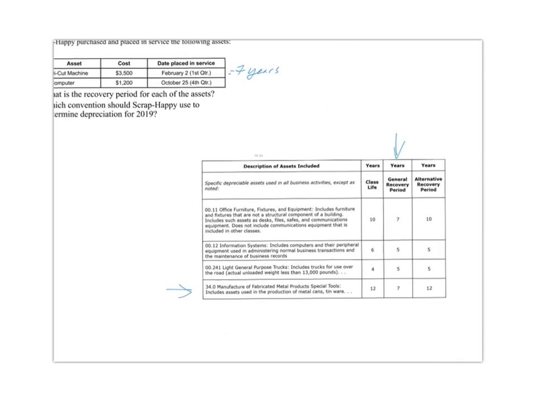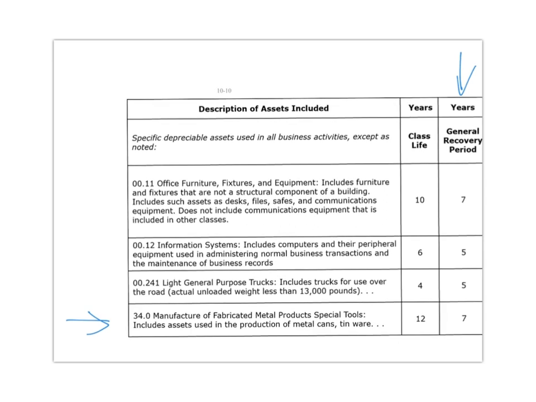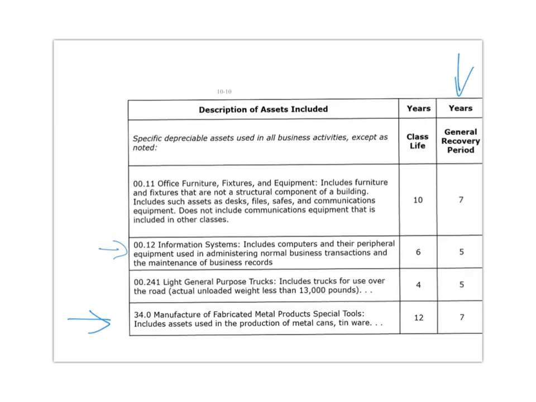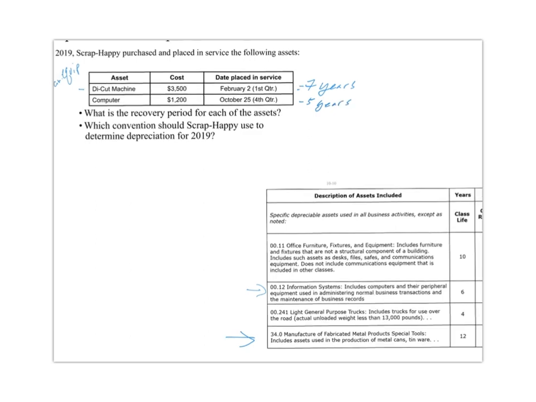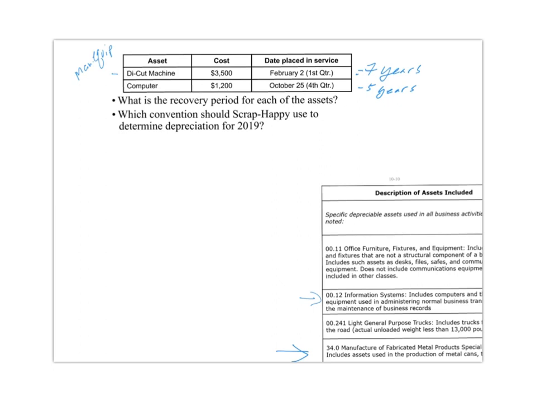And then we come over to that same chart and look for computers. So we see that information systems includes computers and their peripherals. General recovery period is 5 years. So we know that this computer is 5-year property.